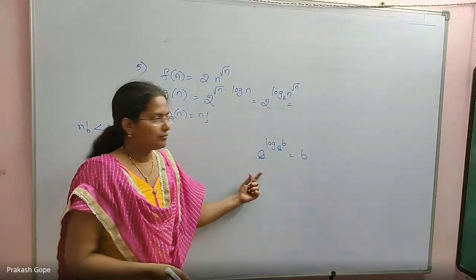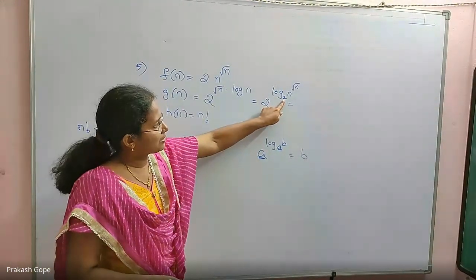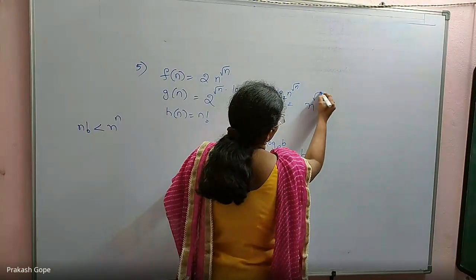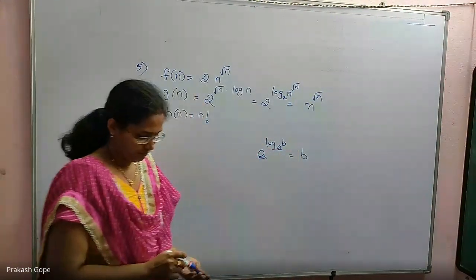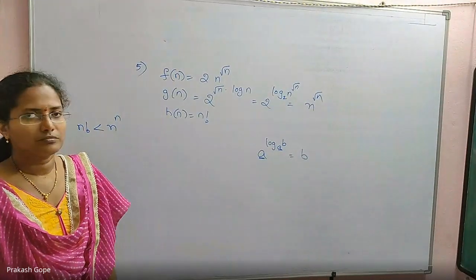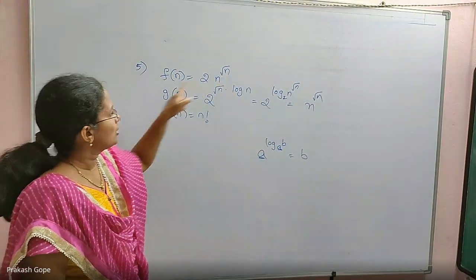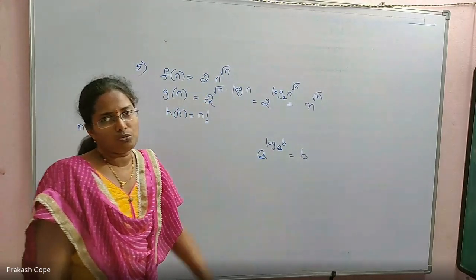So in this case, both bases are the same, so the answer is n power root n. So f of n is 2 into n power root n, g of n is just n power root n.